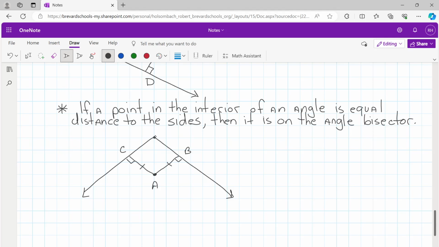Well, what the converse says is that this point is on the angle bisector. So if you connected this vertex up here, I'm going to call it D, to A, DA is an angle bisector. And this angle, CDA, is congruent to angle ADB. All right, angle bisector theorem.